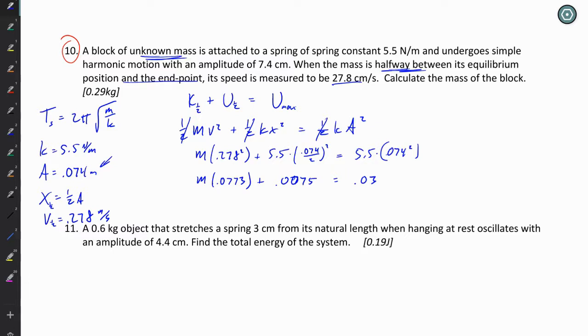All right, so 0.03 minus 0.0075. So we got 0.0773 m equals 0.0226. So the mass equals 0.29 kilograms. Bingo.